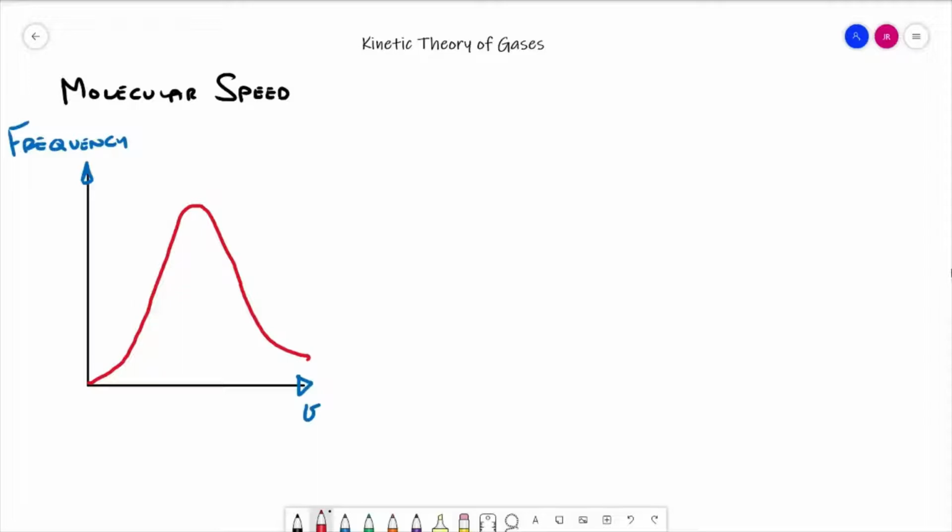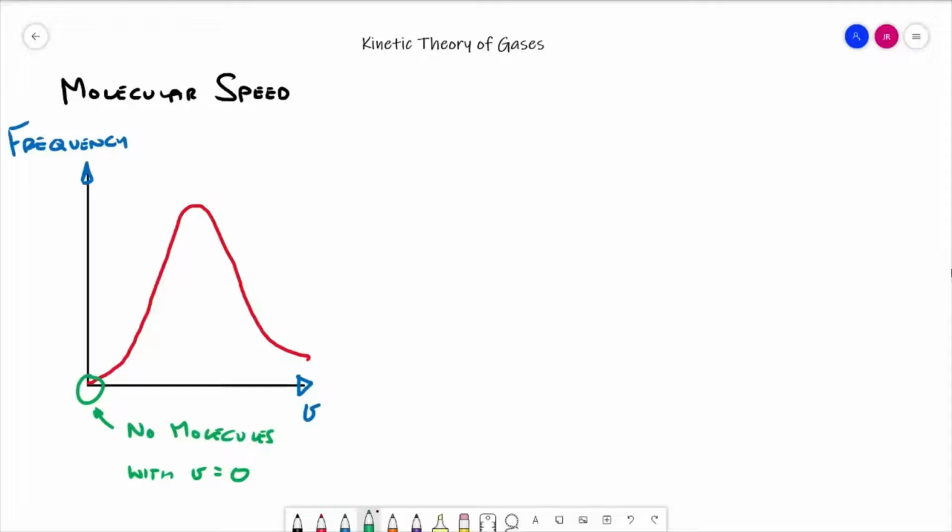Now, what we've got then is that as we increase the velocity, we get obviously more and more molecules moving at a certain velocity. You'll notice that there are no molecules with a velocity of 0.